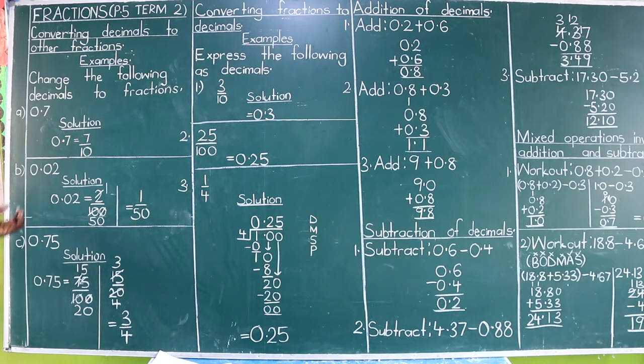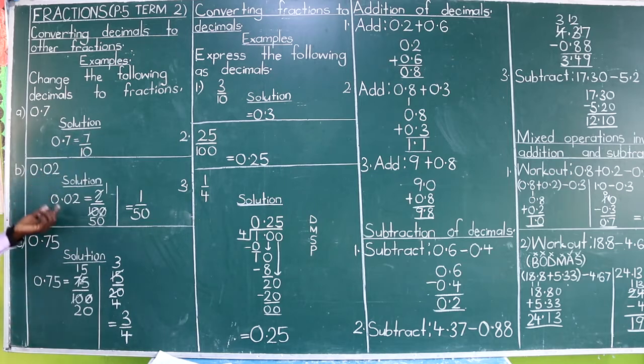But here, what you must note is that if I've got two decimal places, or 2 digits after the decimal point, we write 2 zeros down when forming a common fraction. That is 2 out of 100, that's 100, 2 zeros. As opposed to 0.7, which had only 1 digit after the point. 1 digit means 1 zero down here. That is 7 out of 10.